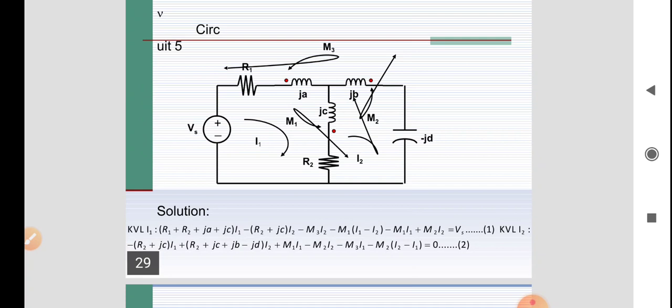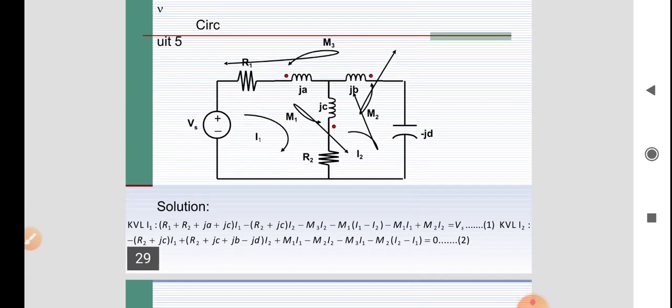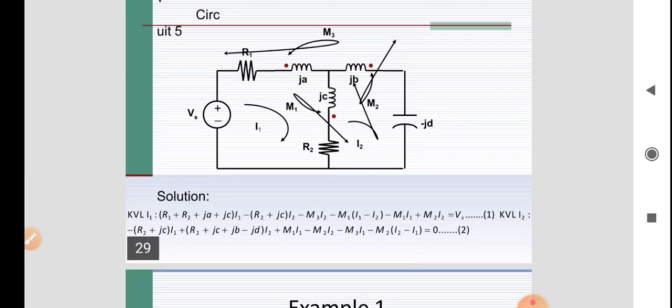So here, before going for the mutual inductance, first let me write down the KVL equations for elements. So R1 plus R2 plus JA plus JC into I1, and R2 and JC are in between I1 and I2, so I will be getting minus of R2 plus JC into I2.